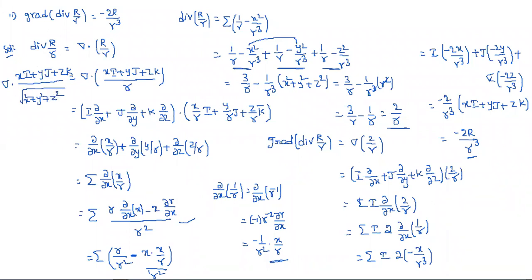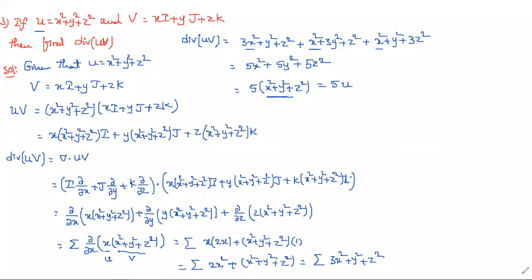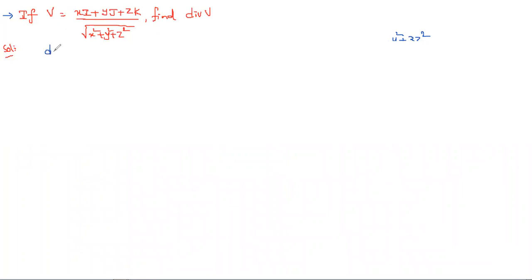Same question, how they asked: there they directly give R by r, and here capital R is xi plus yj plus zk and r is the square root of x square plus y square plus z square.